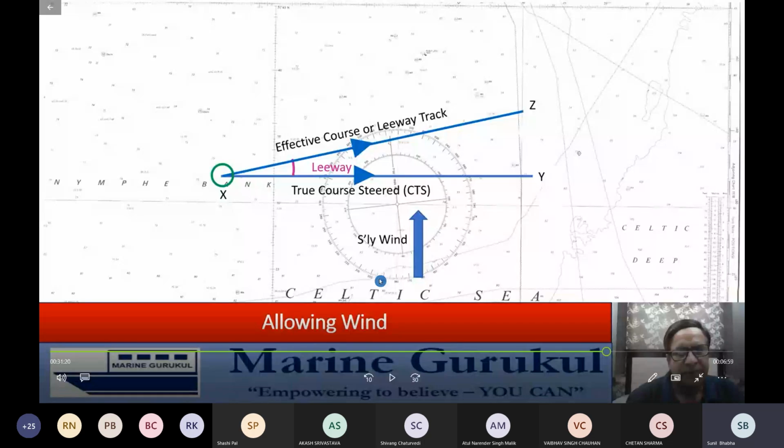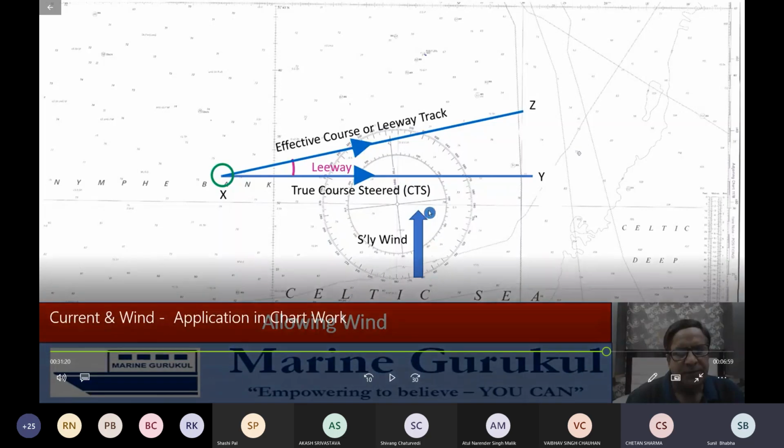Very good, beta. Now, whether the leeway angle is to be subtracted or added is determined by the direction of the wind. So you may have to make a rough diagram on your answer sheet to find out whether the leeway angle is to be added or subtracted from the course steered to get the effective course. Like in this particular case, we have southerly wind.